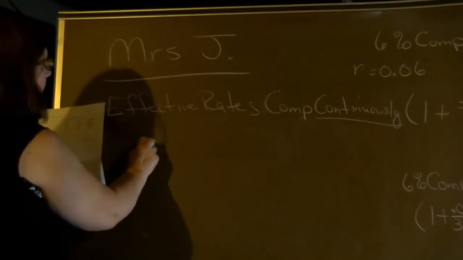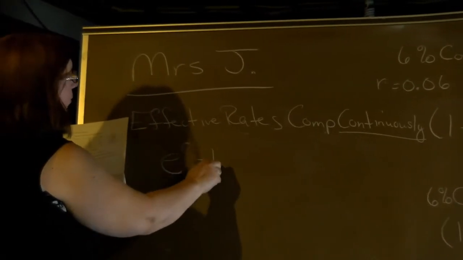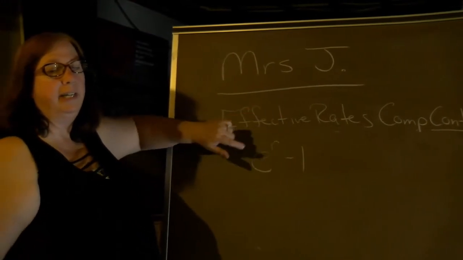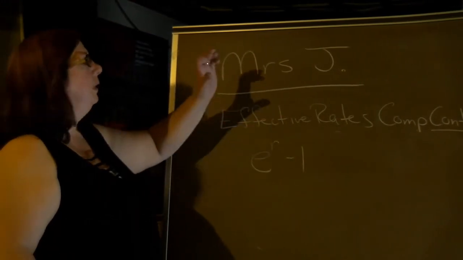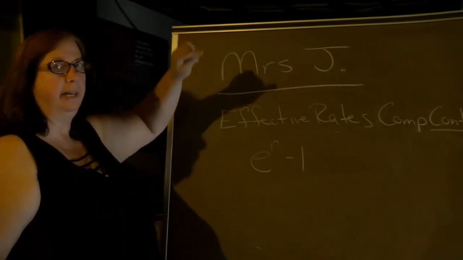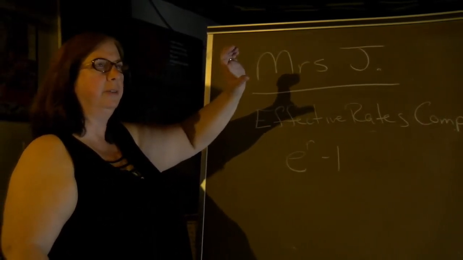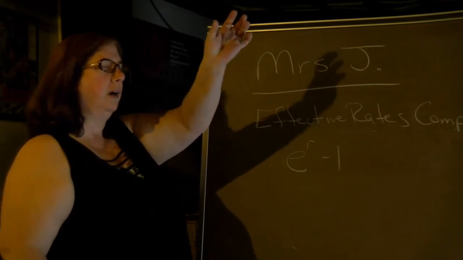It's e to the r minus 1. R is still your interest rate. E is a function in your calculator. If you look where your natural log button, the ln button on the left side of your calculator is, well, usually it's on the left, depending on your calculator. It could be across the top.